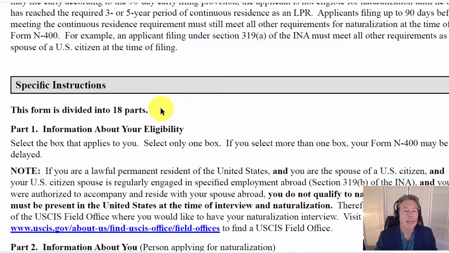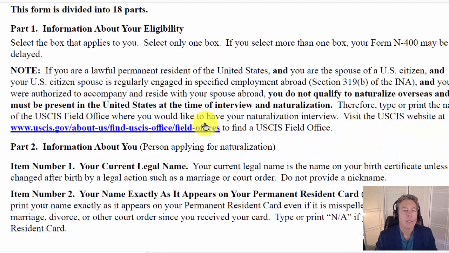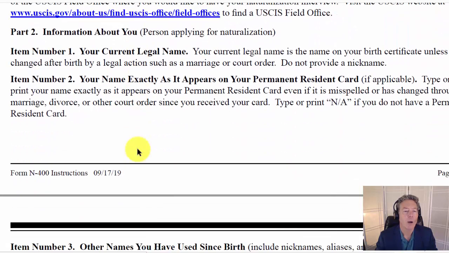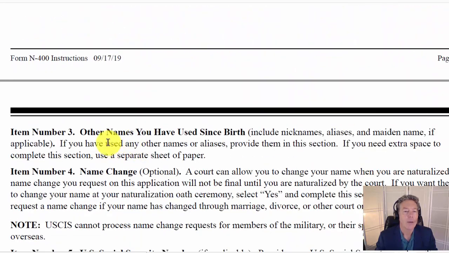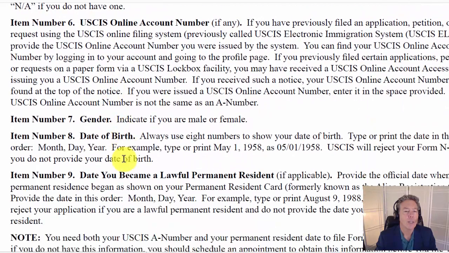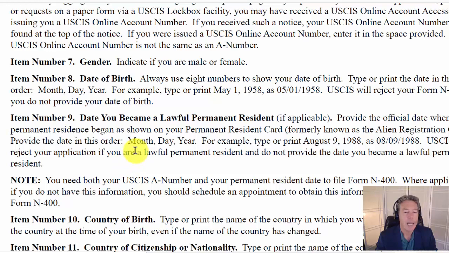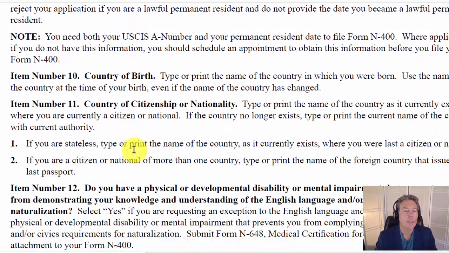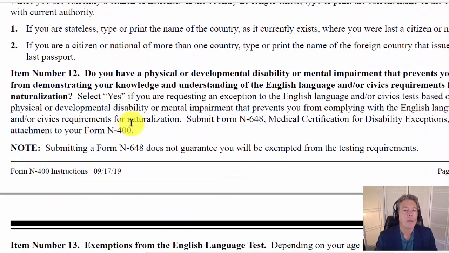Okay, the form is divided into 18 parts. So we have the eligibility part, information about you part, other names, right? Social security, gender, date of birth, how you became a lawful permanent resident, country, citizenship.